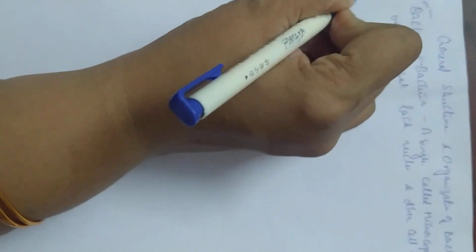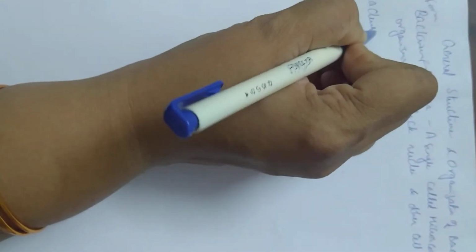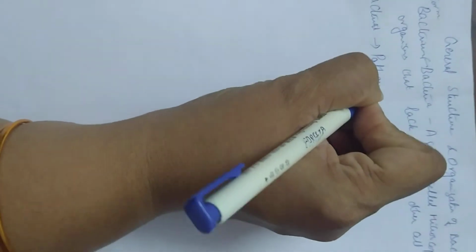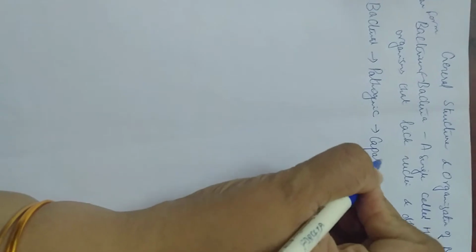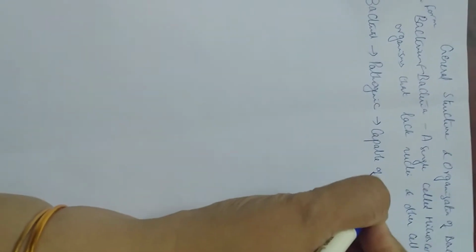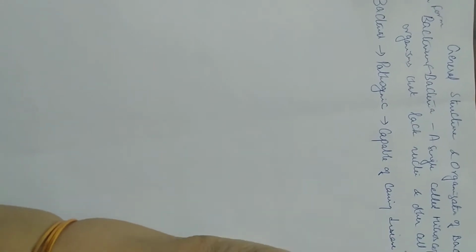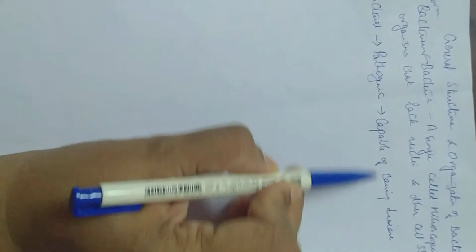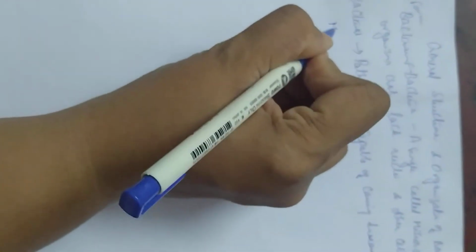Generally we can say bacteria are pathogenic or non-pathogenic. Pathogenic means capable of causing disease.